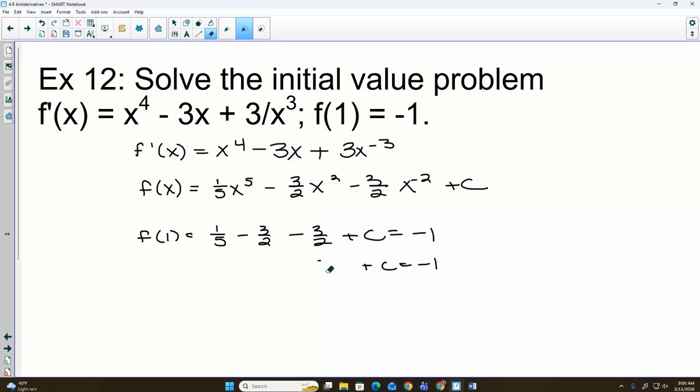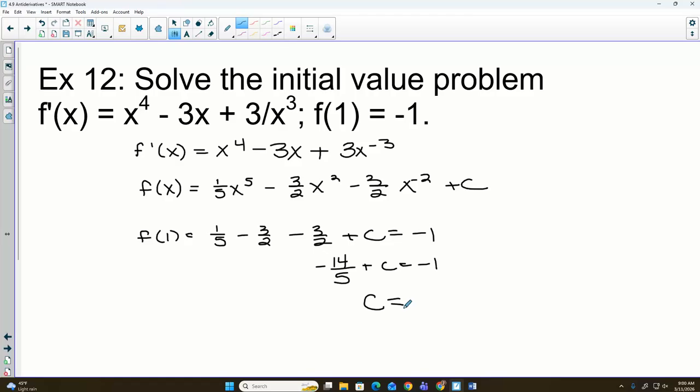No. Okay. 1/5 minus 3 halves minus 3 halves. What's that give me? My calculator says negative 14. Thank you. I had a calculation error. See, I'm all flustered because my morning didn't go as planned.